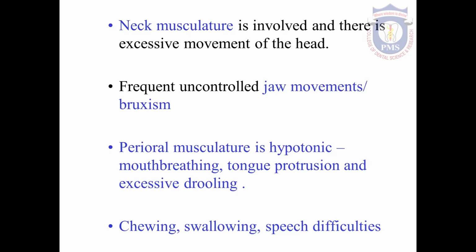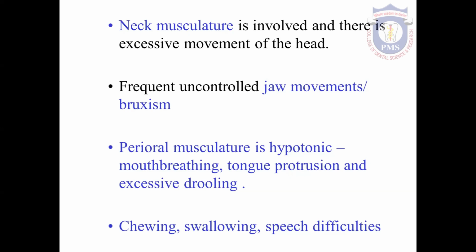Suppose you are giving an injection into the oral cavity and suddenly pain is inflicted on the patient, what happens is that involuntarily the child might close his mouth. So sudden jerky movement is also possible. So when you're doing procedures on these children, you have to be extremely cautious. You might need to keep a bite block in between to avoid injuring the child and getting injured yourself.